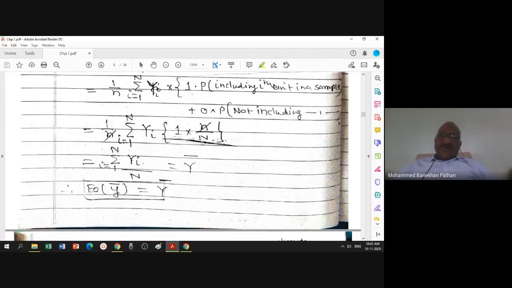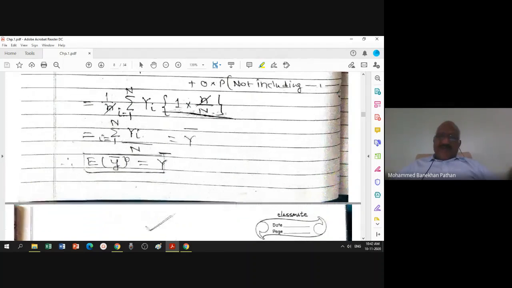Hence, we proved that under SRSWOR, the expected value of the sample mean is again the population mean. So in both methods, whether with replacement or without replacement, the sample mean is an unbiased estimator of the population mean.